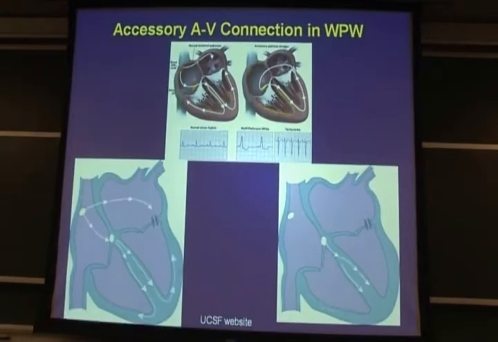This is Wolff-Parkinson-White syndrome. In Wolff-Parkinson-White, remember I told you that in normal activity there is only one bridge that connects the atria to the ventricles. And then it generates wavefronts that propagate from endocardium to epicardium. In Wolff-Parkinson-White syndrome, people have another path that allows electrical activity to penetrate the ventricles or connect the ventricles and the atria.